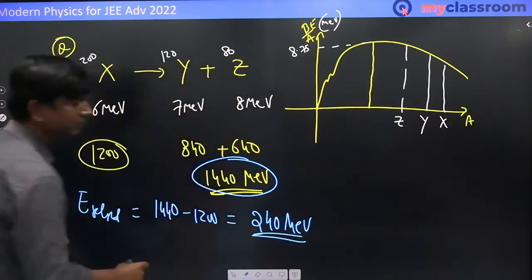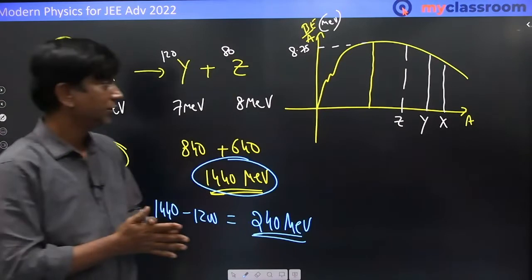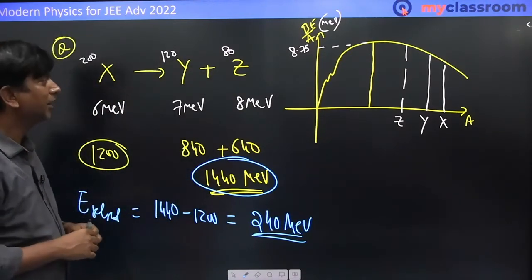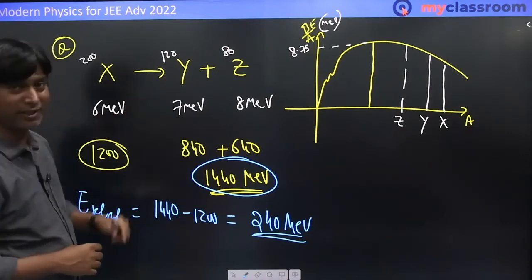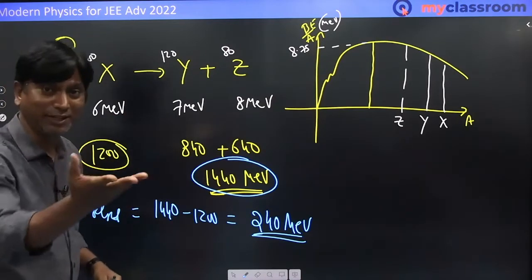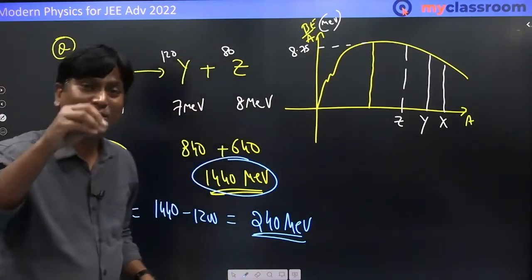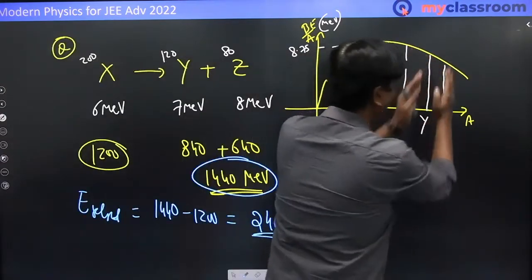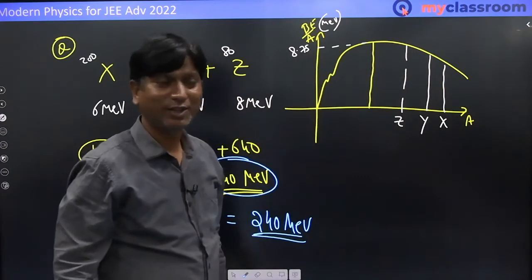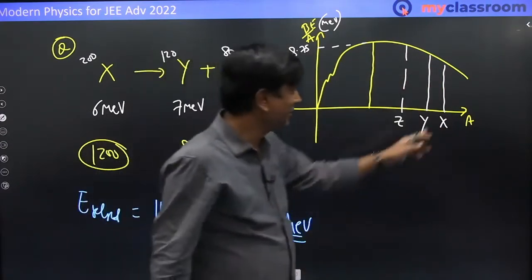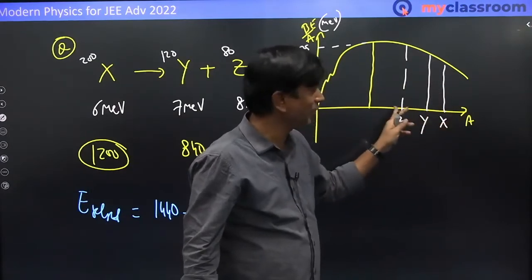Another question, right? So one more observation you are going to find is this is a fission reaction and energy has to be released. That is only possible on this side of the graph. Why this side of the graph? When you take this side of the graph only, X is heavier, will be this side, lighter will be this side.